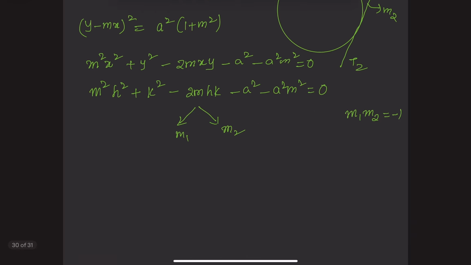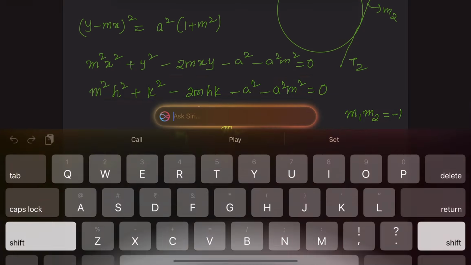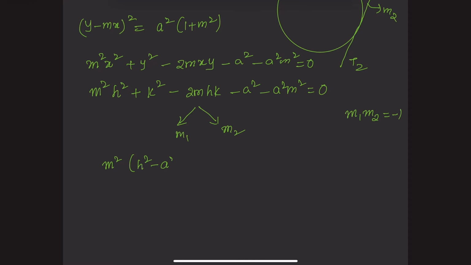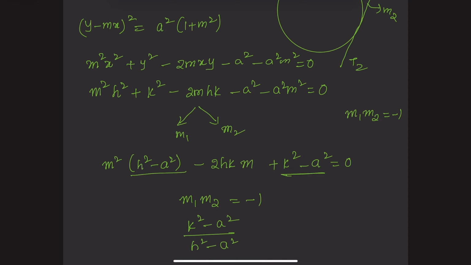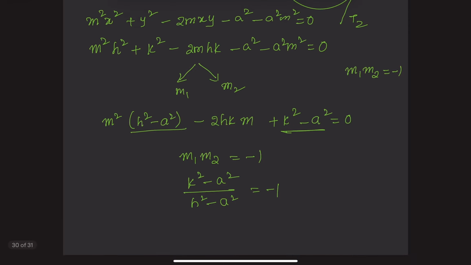Now let us convert it into a good looking quadratic equation. m square into h square minus a square, minus 2hk m, plus k square minus a square is equal to 0. Now we know m1 m2 is equal to minus 1. So m1 m2 is simply c upon a. So that is k square minus a square upon h square minus a square is minus 1. So this can be written as k square minus a square is equal to a square minus h square.